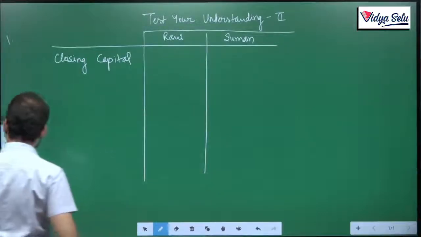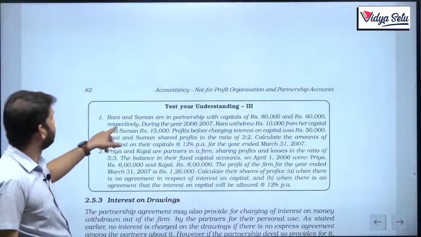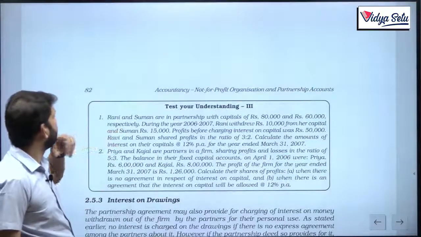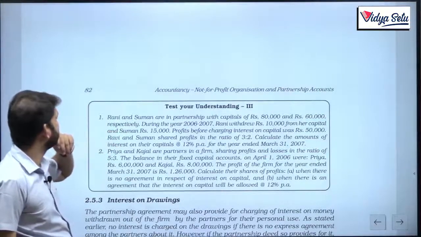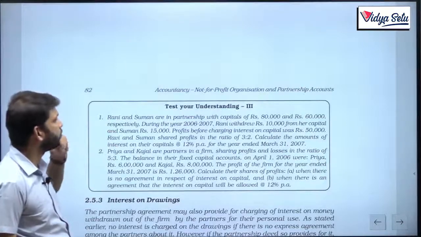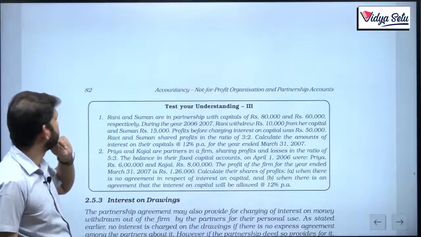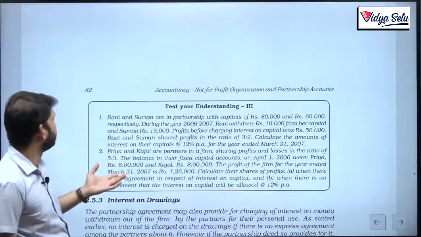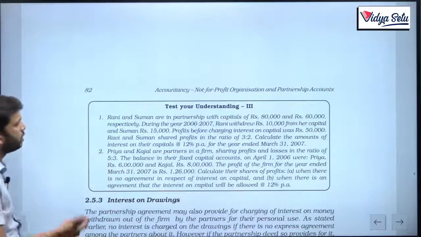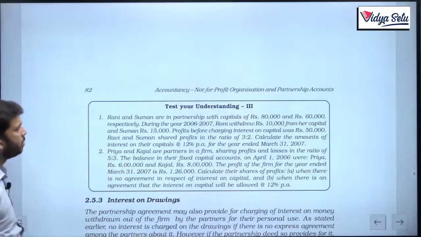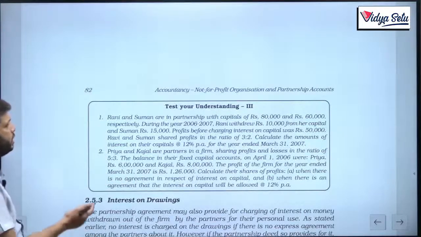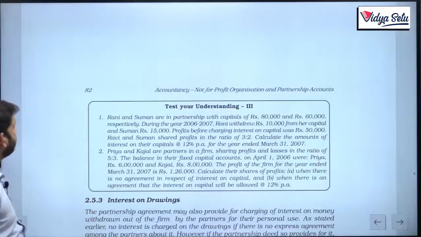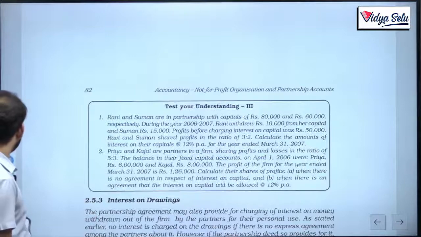The closing capital is given in the question, 80,000 and 60,000. Rani withdrew 10,000. The closing capital, it's the opening capital plus the withdrawals, 80,000 and 60,000. Then it's very simple. On 80 and 60, you will get the interest.